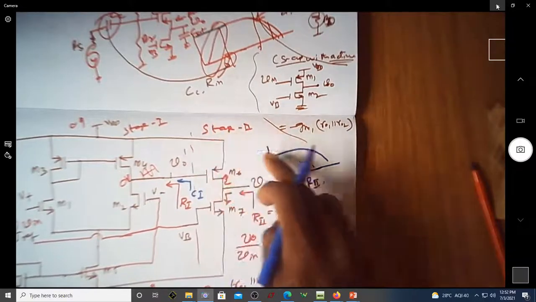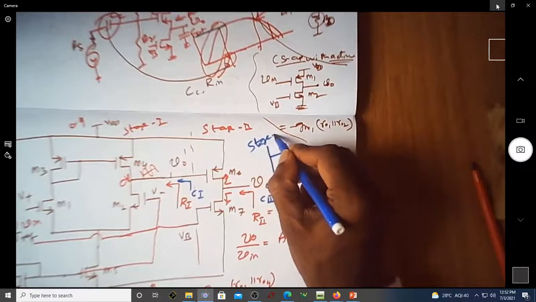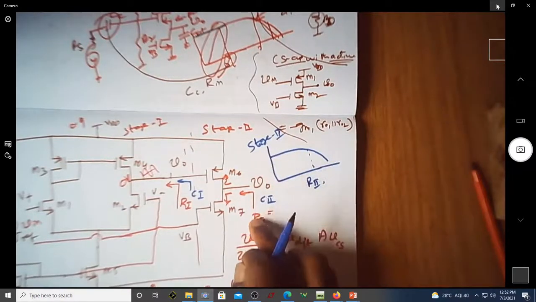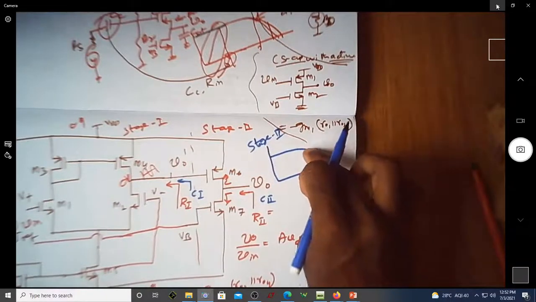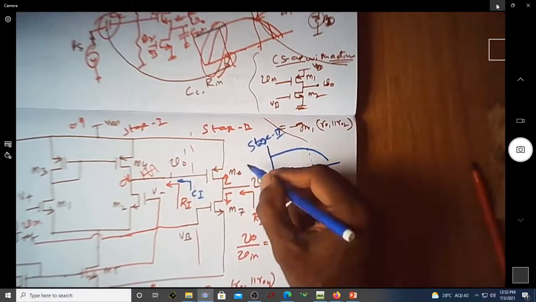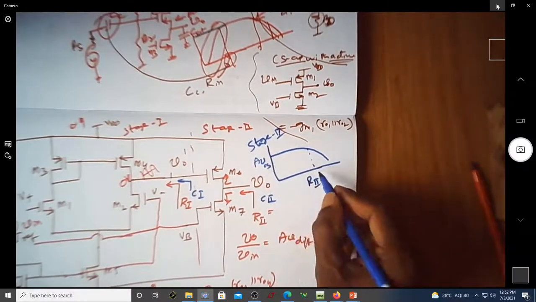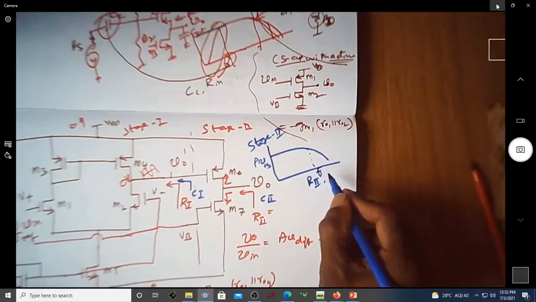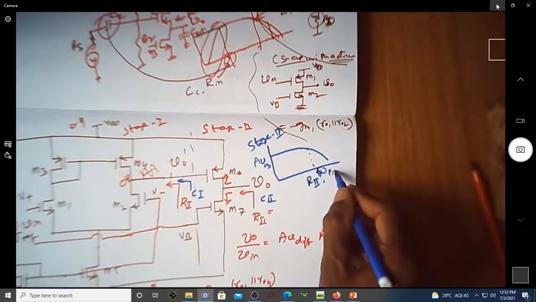Since we are looking at the frequency response of stage 2, naturally the resistance and capacitance associated with stage 2 will decide the cutoff frequency. So it has a gain of AV of the CS amplifier, and the cutoff frequency, let us say omega P2 dash.